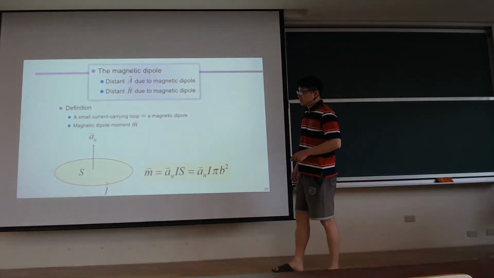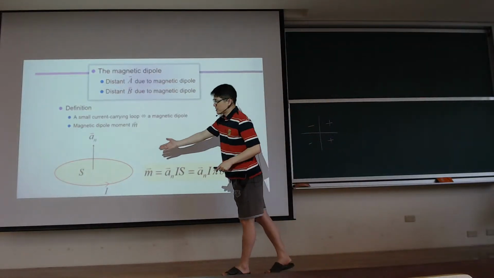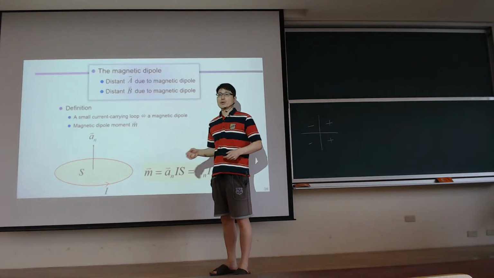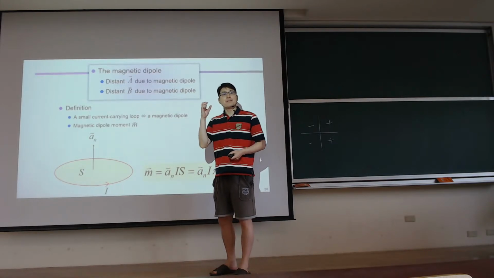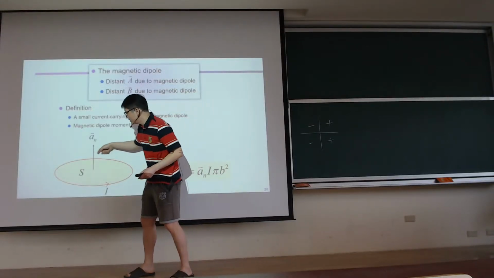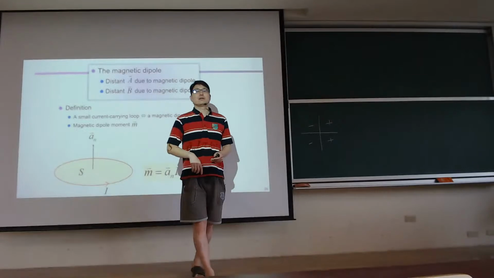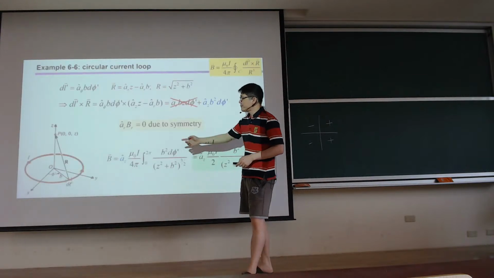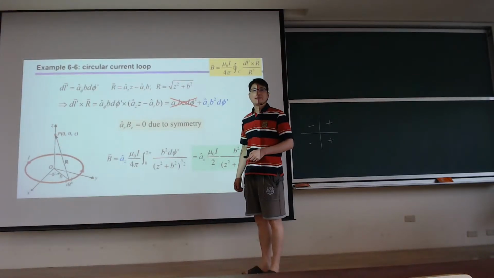So I'm not going to spend any more time. I'm just going to tell you this is exactly the example which is finished. A magnetic dipole is nothing more than a circular loop with current I. Okay? Exactly the same problem we just solved.